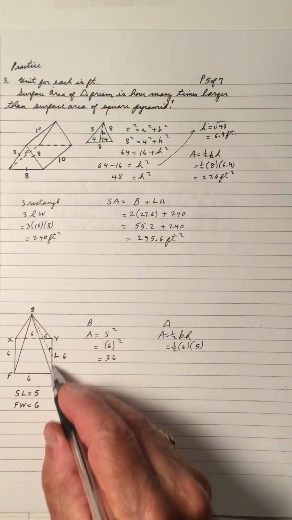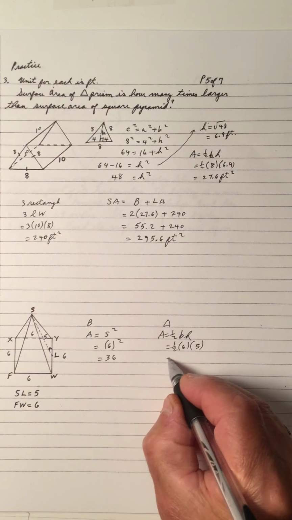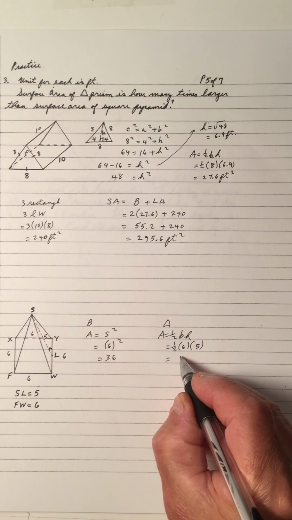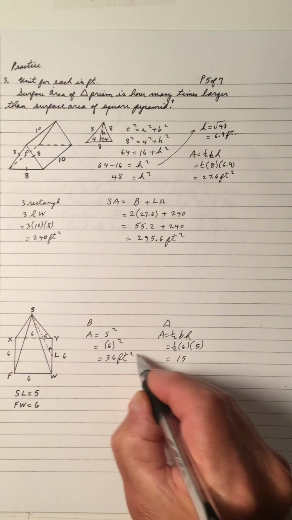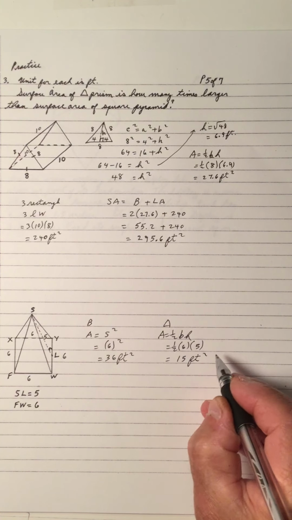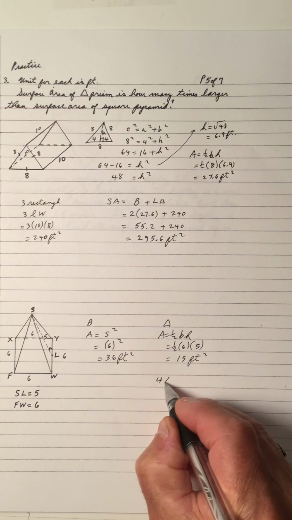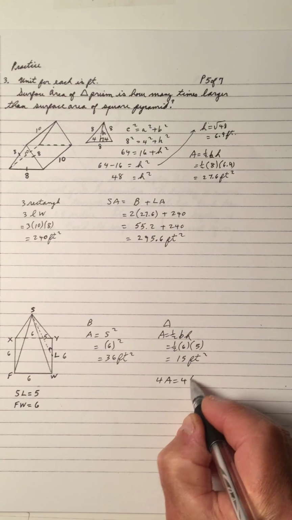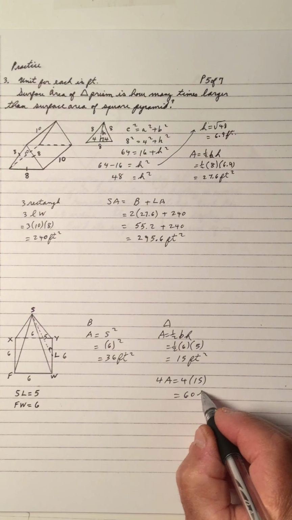SL is 5, and it's a square, so it's 6 and 6. So half of 6 is 3, 3 times 5 is 15. And this again is an area, so square feet. But we have 4 triangles. So 4 triangles is 4 times 15. So that makes it 60 square feet.